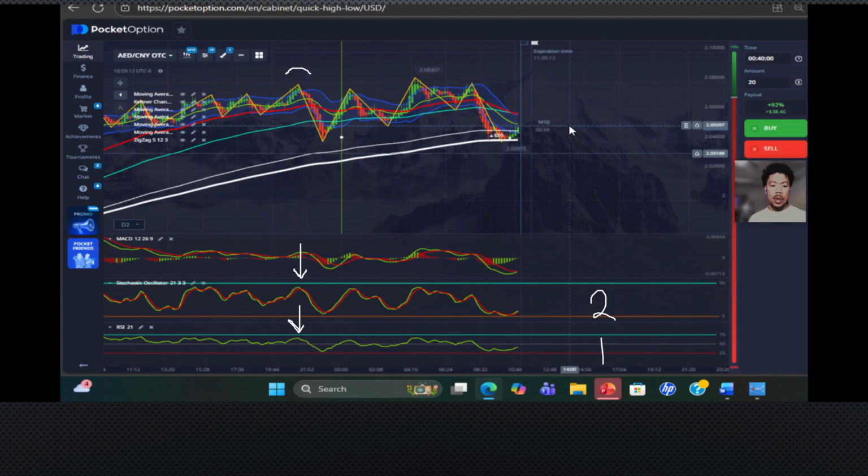The second one I pointed out, I'm going to use a different color, would have been the buy opportunity here, in which you have a curvature, which is fine because you're on the buy side.